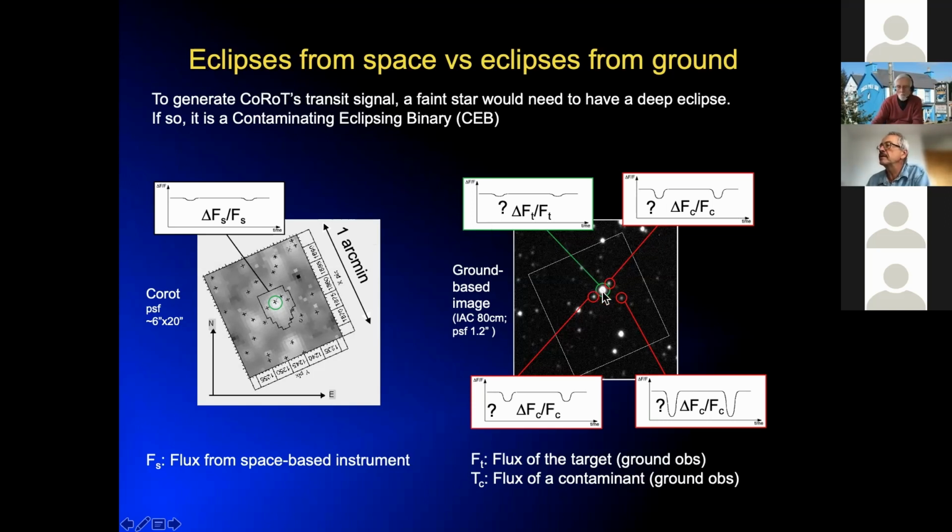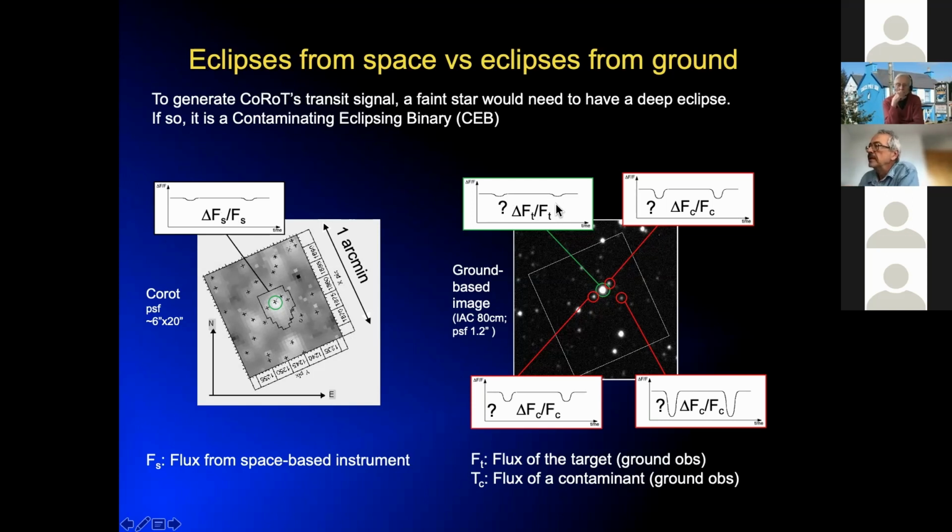That signal which we observed in space might indeed come from the target, if we look here at the higher resolution image, and it will be another very shallow signal, more or less similarly shallow, at least if the flux of the target dominates in the photometric aperture of the space mission. It will be more or less that delta Ft over Ft will be more or less the same as delta Fs over Fs. They will be more or less the same.